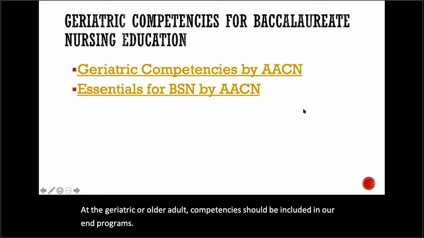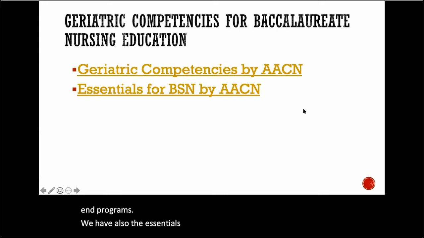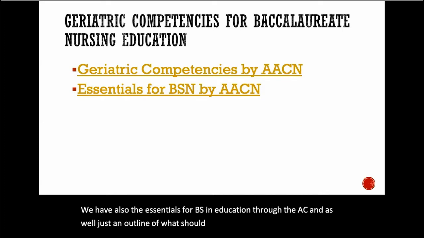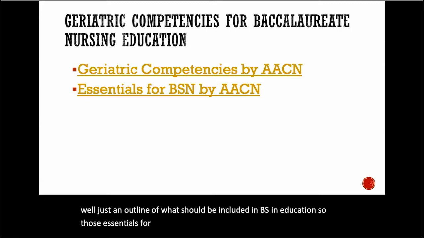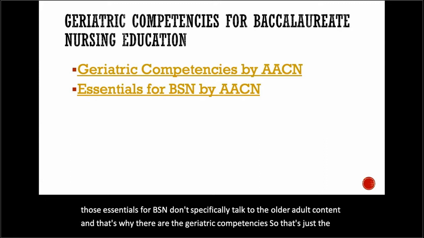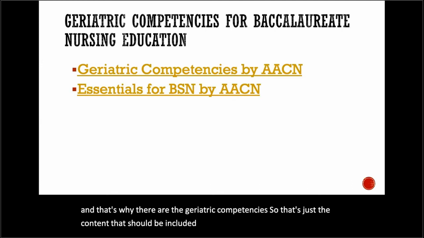We also have the essentials for BSN education through the AACN, an outline of what should be included in BSN education. Those essentials don't specifically talk to the older adult content, and that's why there are the geriatric competencies. That's just the content that should be included in nursing programs.